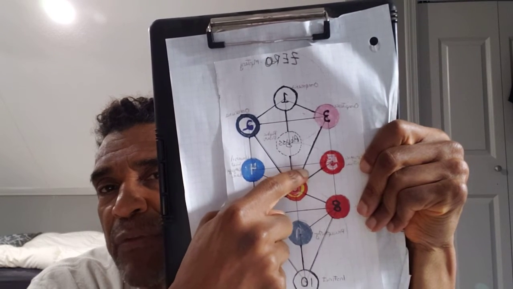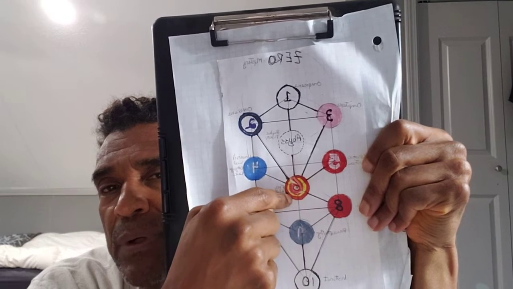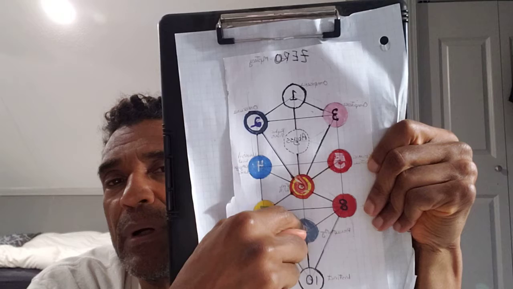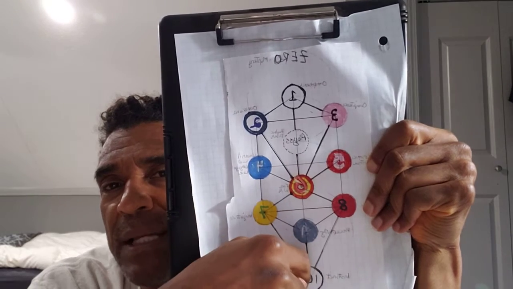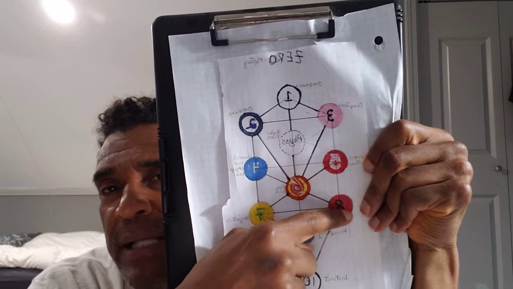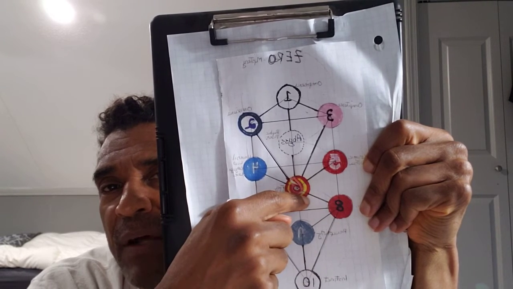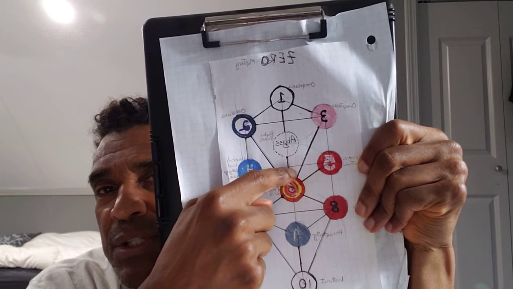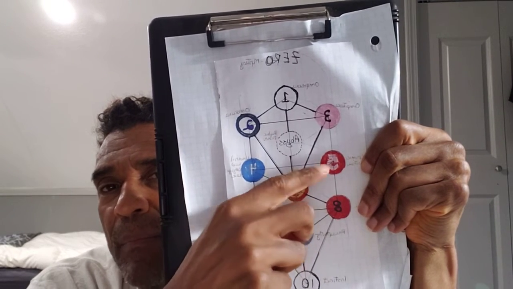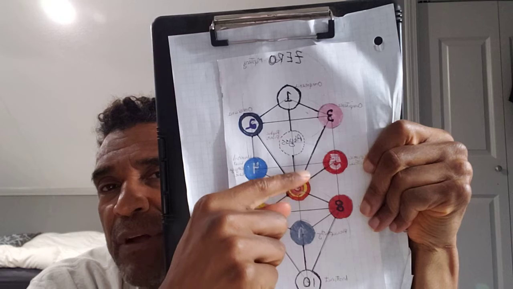Here at the 6th sphere, what we're really doing is making the decision to stop paying attention, or at least paying so much attention, to our lower aspects here, and turn ourselves around and pay attention to the higher aspects of the tree, starting with number 5 here.